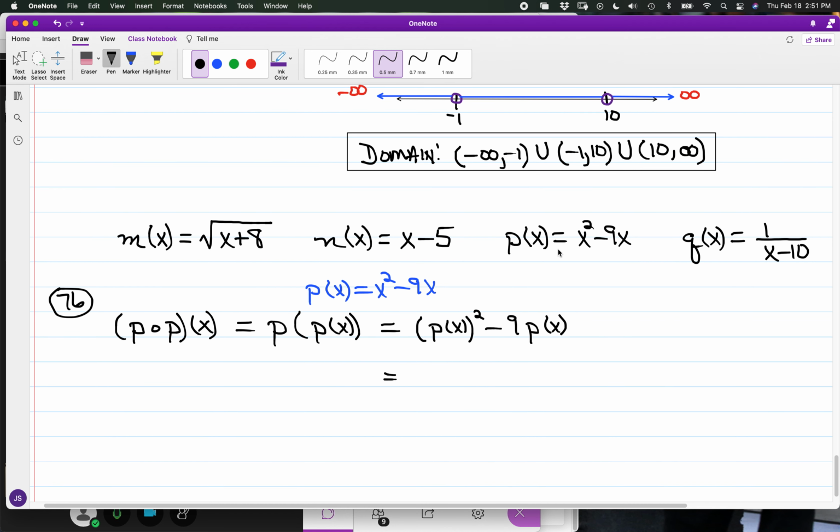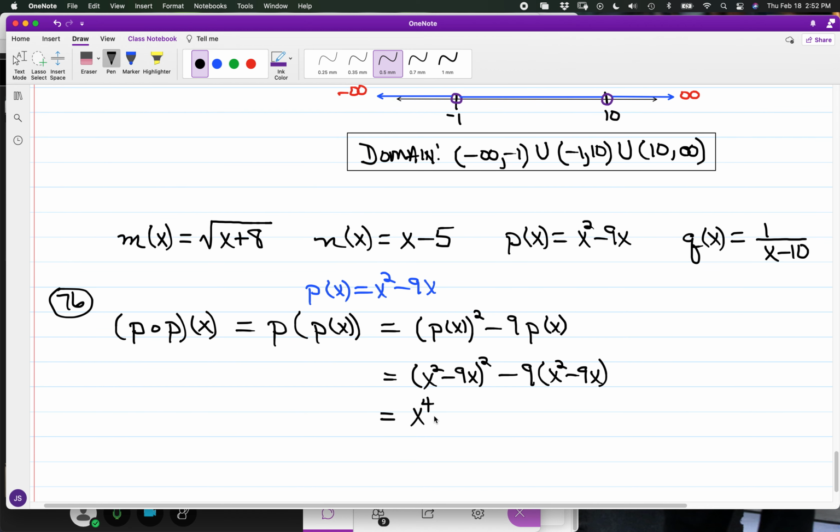P of X is X squared minus 9X, and that's going to be squared, minus 9 times P of X. So you have minus 9 times all of X squared minus 9X. And for the square of X squared minus 9X, you have X squared minus 9X times itself.